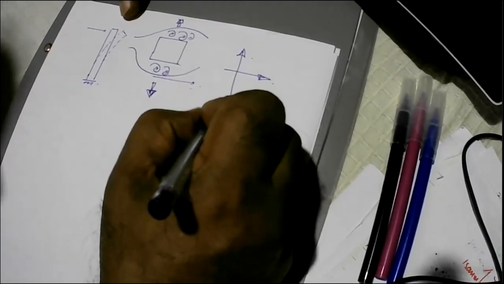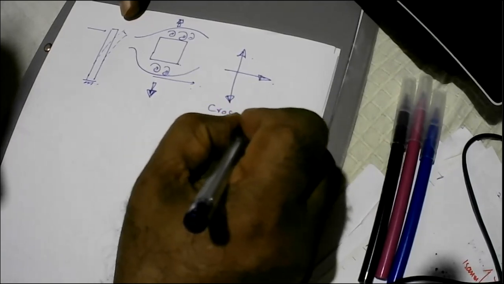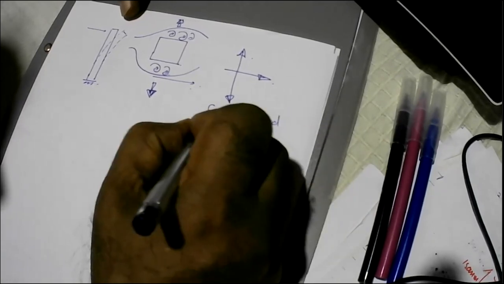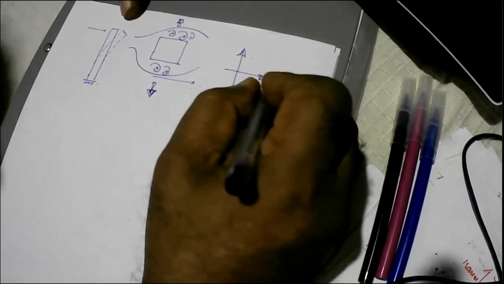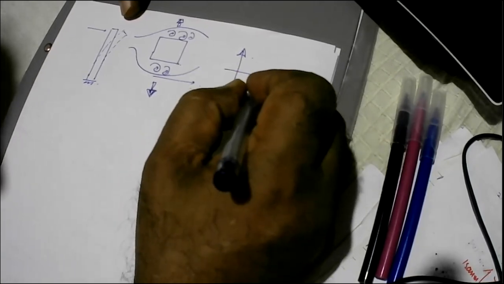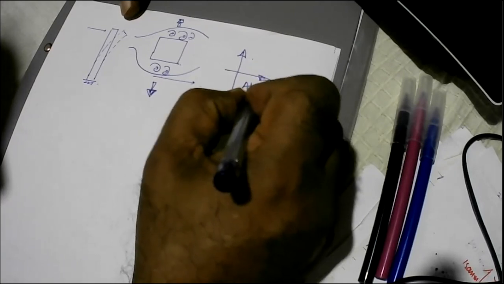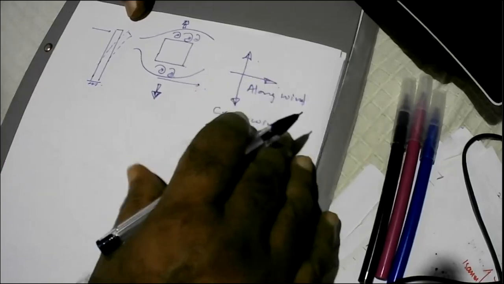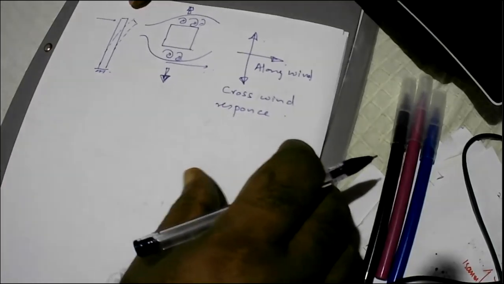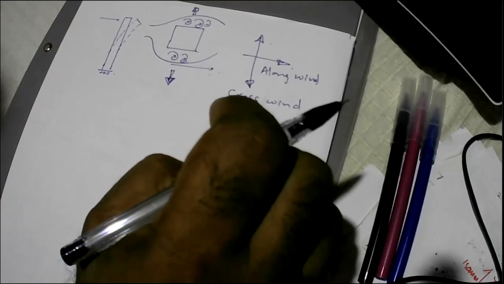We call this the crosswind response, whereas this will be the alongwind response. So you can get crosswind and alongwind responses when the building is subjected to wind loads.